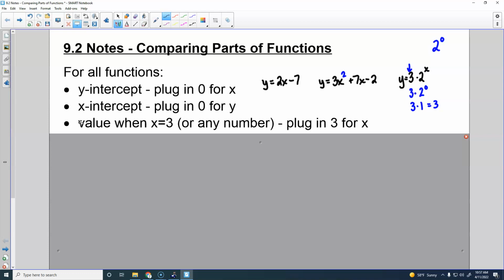You're just going to plug in that number for the x. And so, again, I just use the number 3. Whatever number x equals, you can change it over here. If I said x equals 7, we'd plug in 7 for our x.